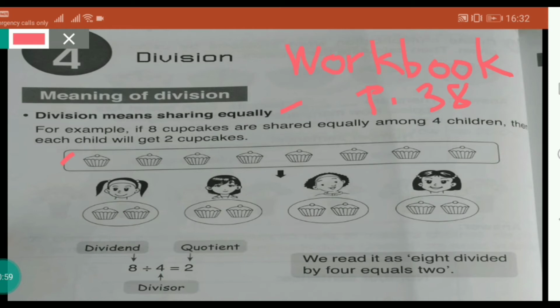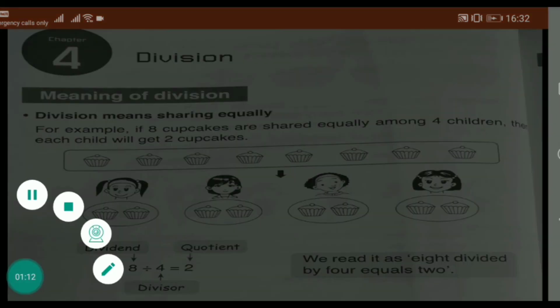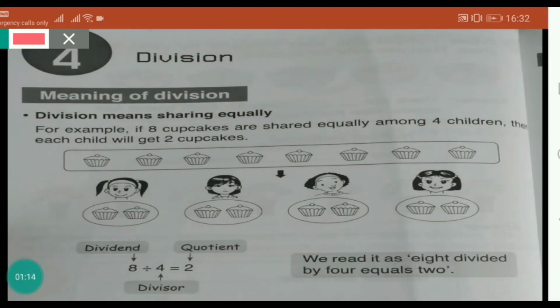So we have 1, 2, 3, 4, 5, 6, 7, and 8. So there are 8 cupcakes. And then it says here that we need to share equally among 4. So we're going to divide this by 4. So we have 1, 2, 3, 4.